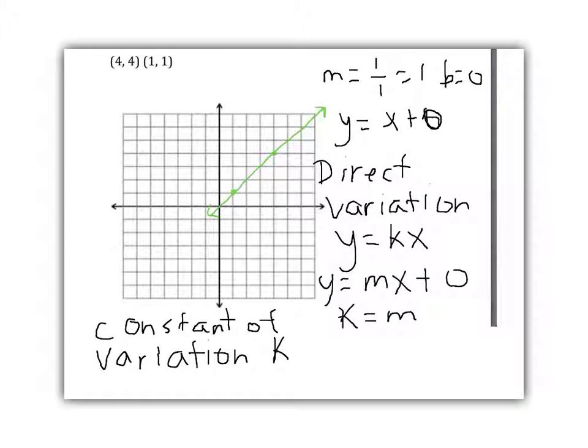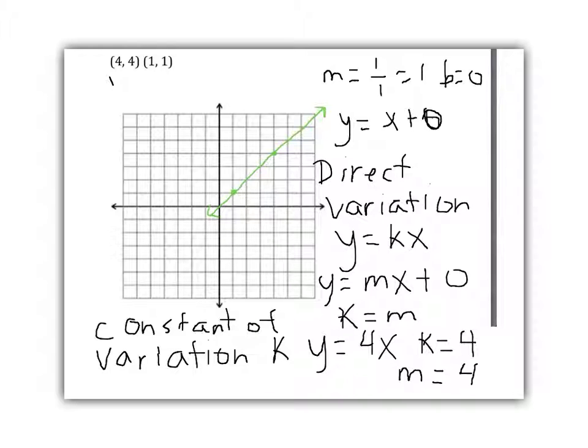But for example, in this example that I already did, the slope was 1 and k, the constant of variation, is also 1. But if I had y equals 4x, well, that line would be going through the origin and have a slope of 4 over 1. So if I asked for the constant of variation, it would be 4. And the slope would also be 4 because they're equivalent.